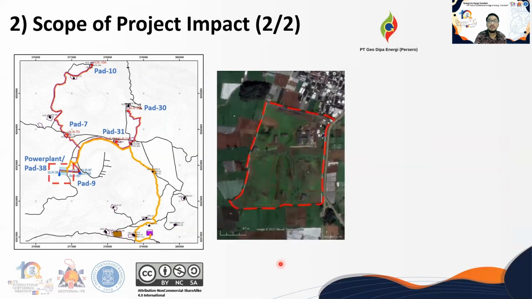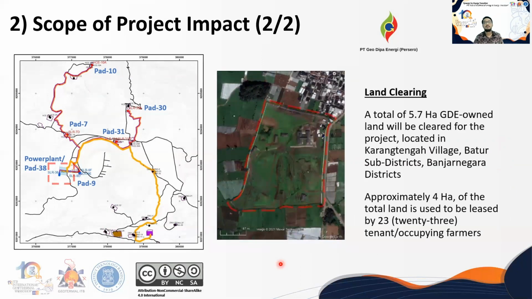So we're moving to the next slide. As the focus of this study, the social impact management of the land clearing process in the Dieng 2 sub-project. Shown in this red dashed line is the location of well pad 38, or the power plant site.